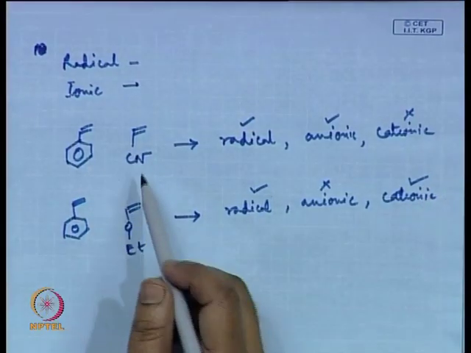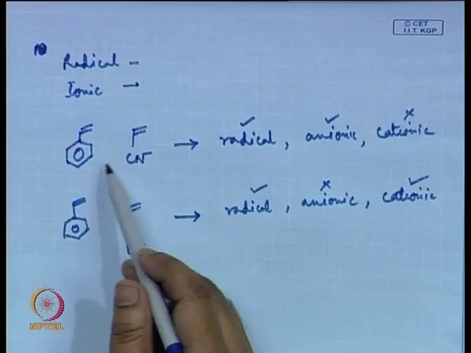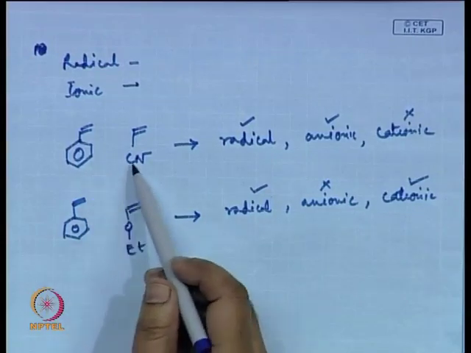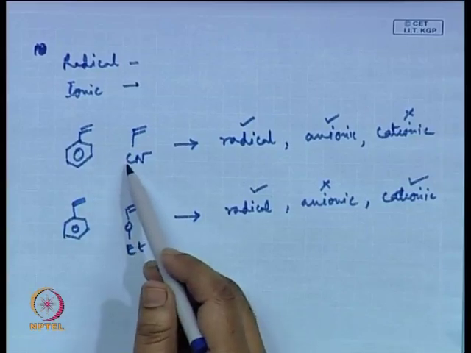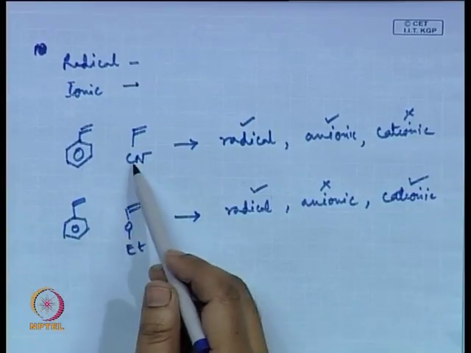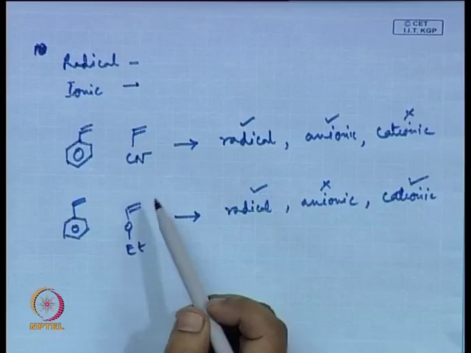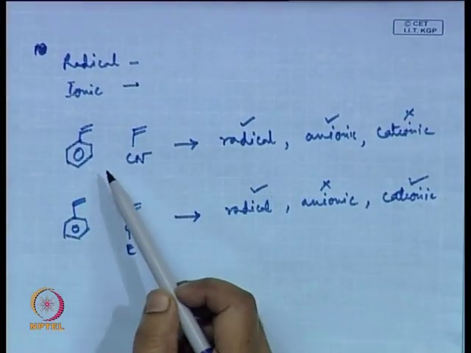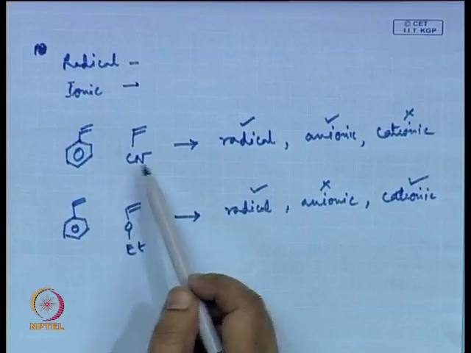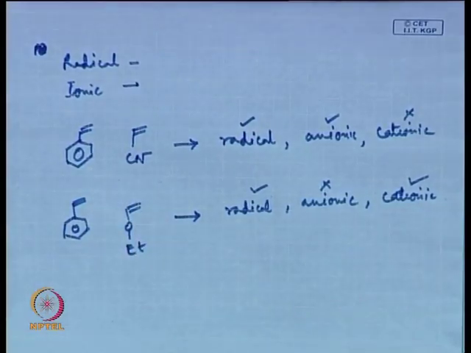So, as I said, you can choose any 2 monomers which in most cases can copolymerize radically, but if you want to use cationic or anionic techniques, then the number of pairs of co-monomers you can choose is limited, as we discussed during our chain polymerization discussion.